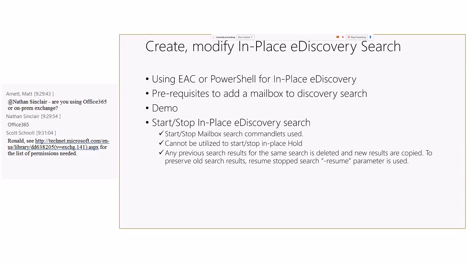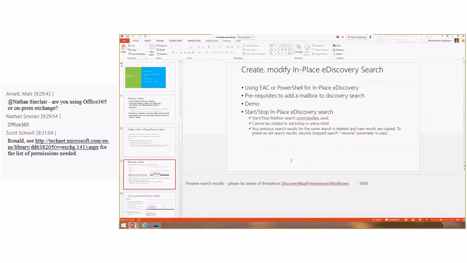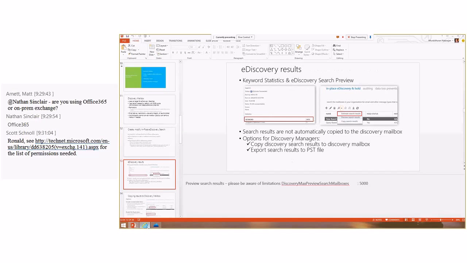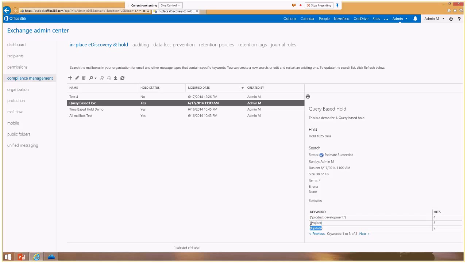All right. We talked about some of the new things that are part of eDiscovery and in-place hold, which is the keyword statistics, right? Let me quickly show that to you. If you see here, I have a query-based hold, and I have a search query as well with keywords product development, project update, right?